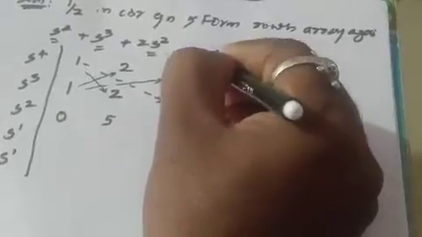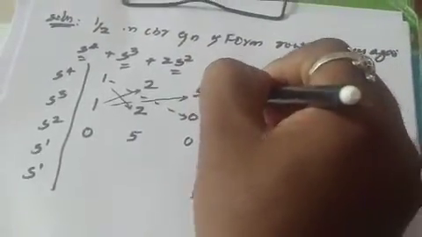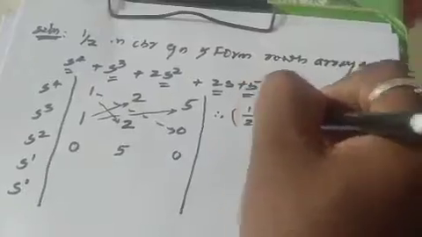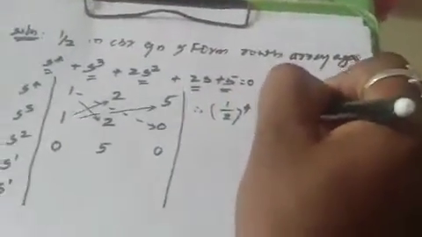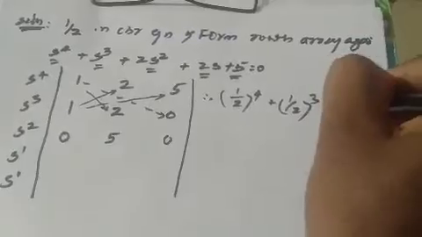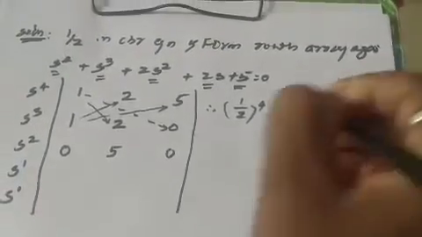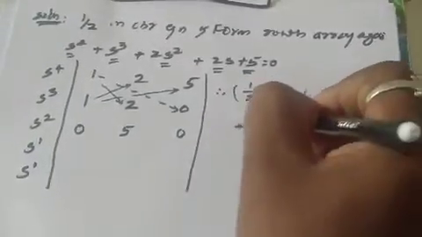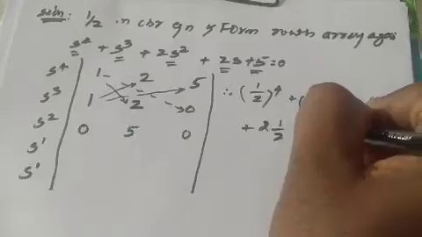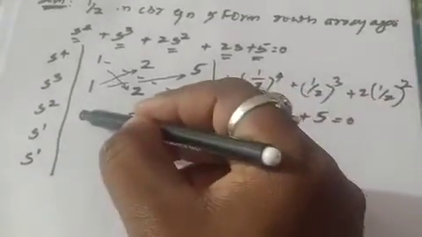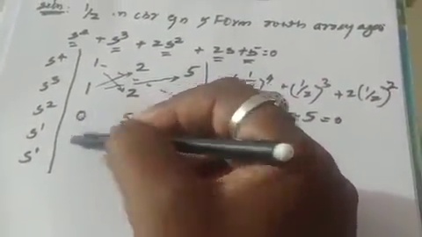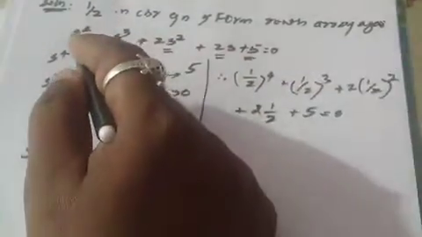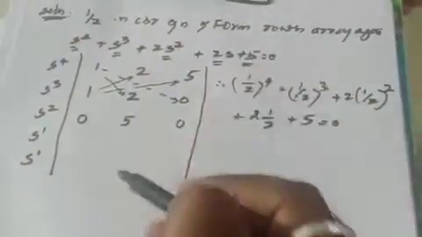Therefore your characteristic equation becomes 1 over z to the power of 4 plus 1 over z to the power of 3 plus 2 into 1 over z square plus 2 into 1 over z plus 5. Once you get a zero first element in any row of the Routh array, you substitute s equal to 1 by z in the given characteristic equation.